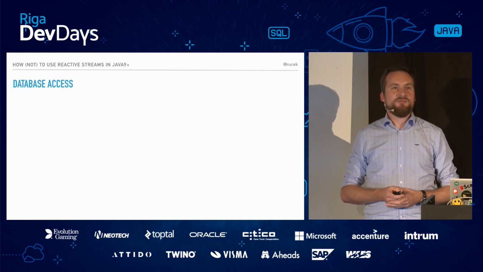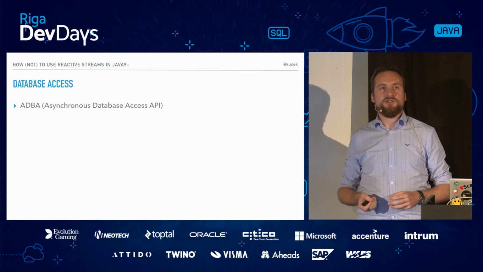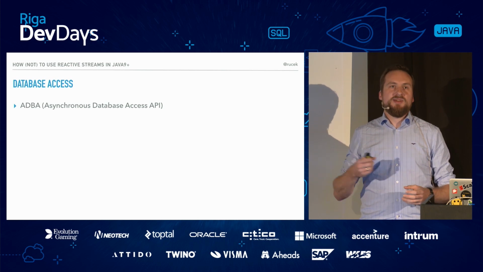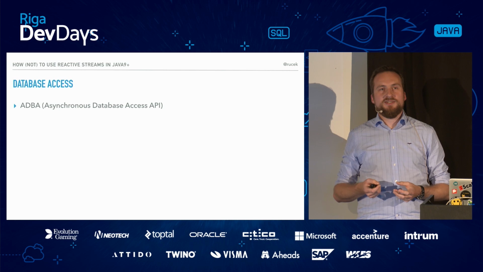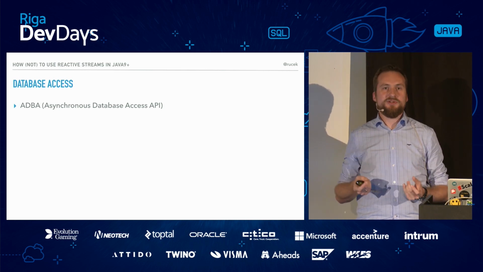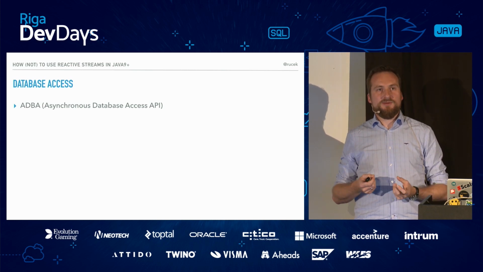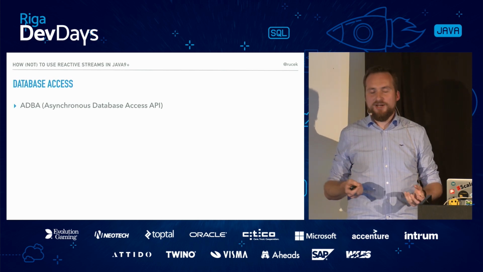Another example is database access. And there is an initiative in the JDK called ADBA, which stands for Asynchronous Database Access API. This is basically something like an async JDBC. And the work on it is pretty advanced. They were even trying to implement all the reactive interfaces, but as far as I know, they unfortunately needed to drop support for the publisher subscriber interfaces because it was too hard to implement.